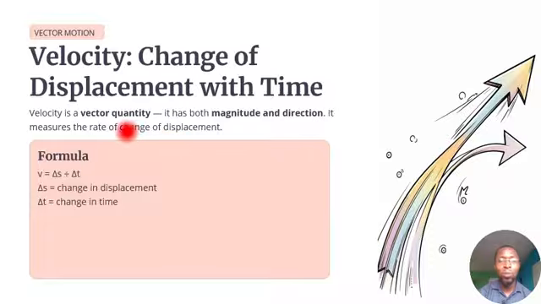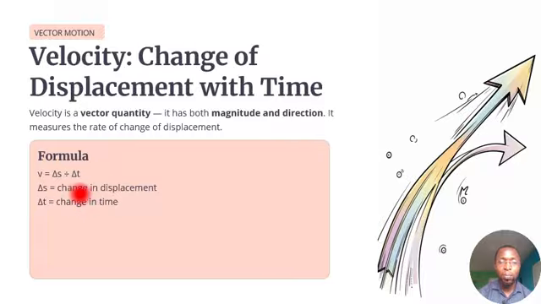Velocity is the time rate of change of displacement. So by formula, it is displacement over time.